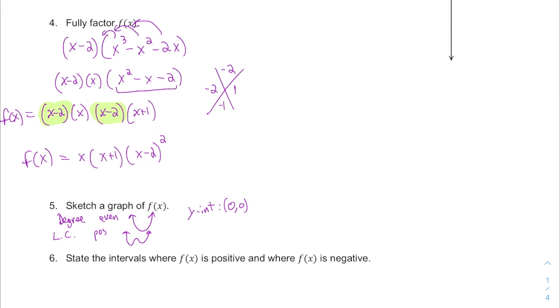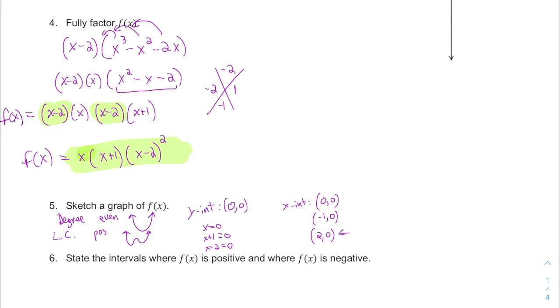Our x-intercepts, we can use our factored form in the zero product property. We could say that x equals 0, x plus 1 equals 0, and x minus 2 equals 0. And this means that our x-intercepts will be at 0, 0, at -1, 0, and at +2, 0.